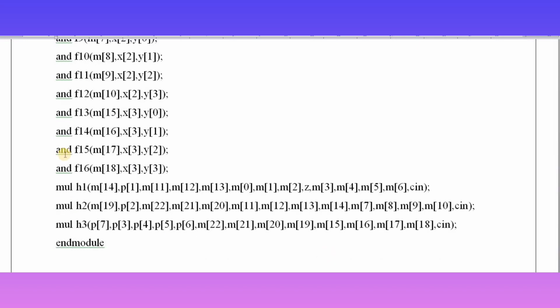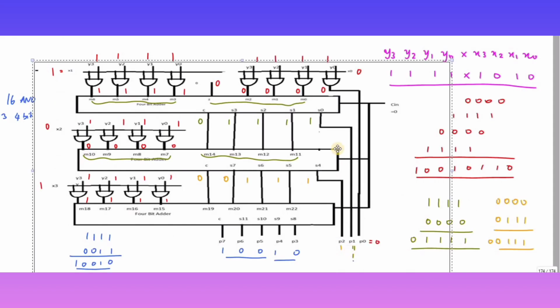And I have used 3 4-bit adders, right? So these are my 4-bit adders, and the names of the 4-bit adders are H1, H2, and H3. In the 4-bit adder, it has to start from M14. What is M14? Here, M14 is a carry.